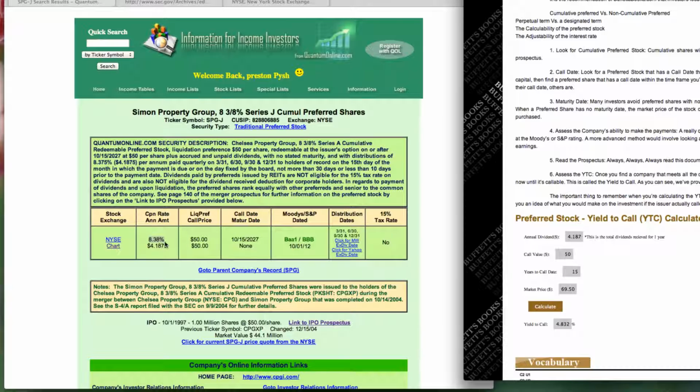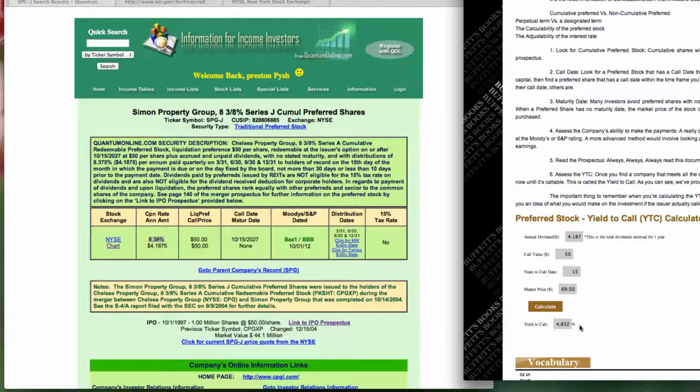I'm going to get 8.38% on this if I buy it. And that's not the case at all, because you're paying such a large premium. You're paying almost $70 to purchase this stock, and it's only callable at 50, that's why your yield to call is much lower than the 8.38. You're actually seeing 4.832%. And that's the thing that you really got to focus on when you're buying preferred shares.